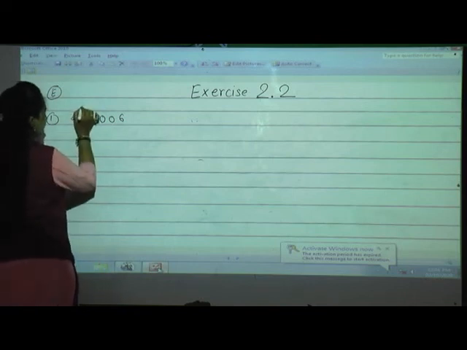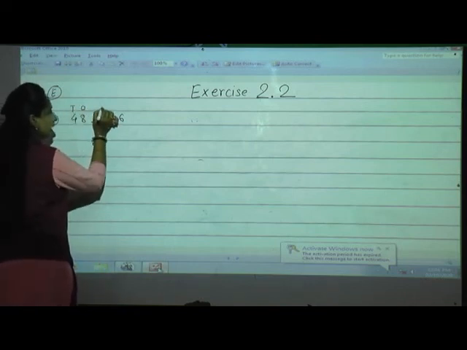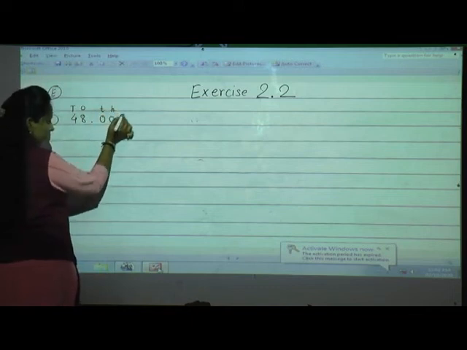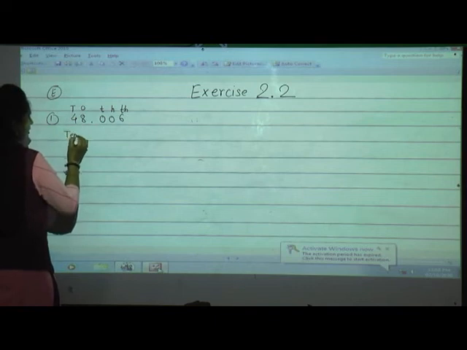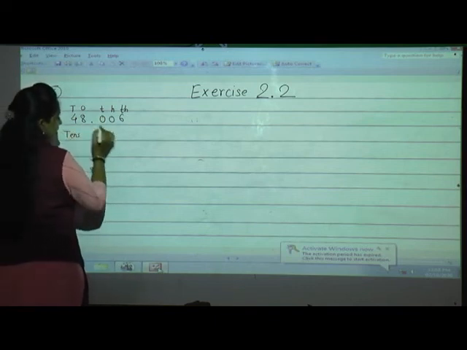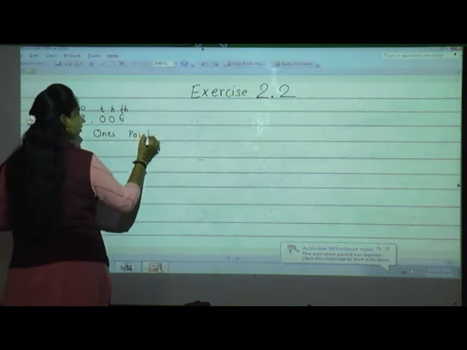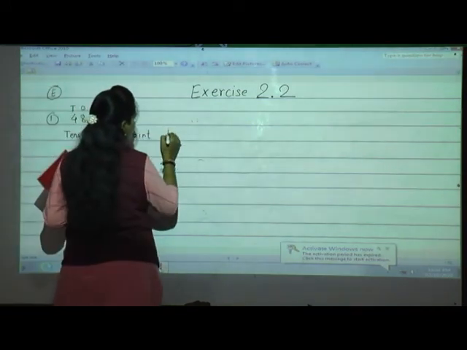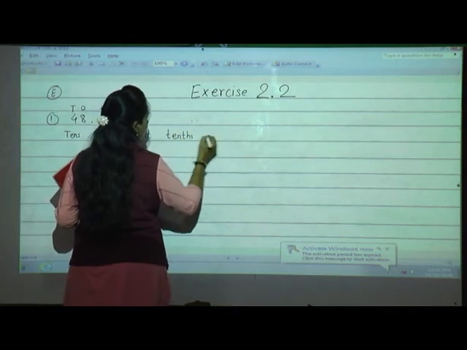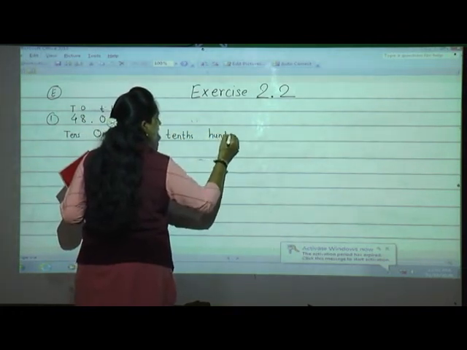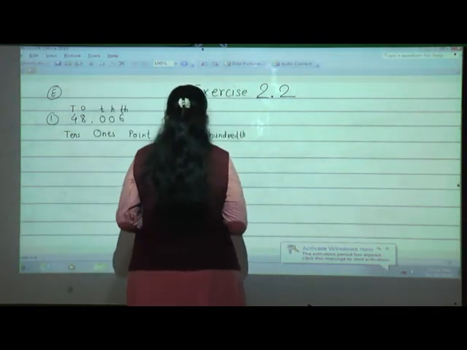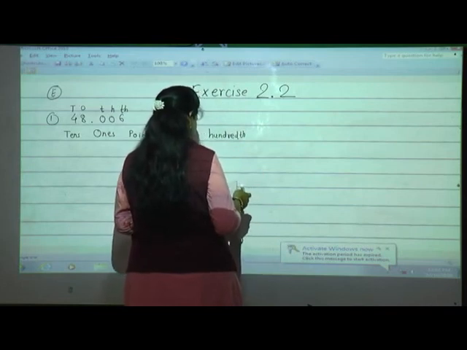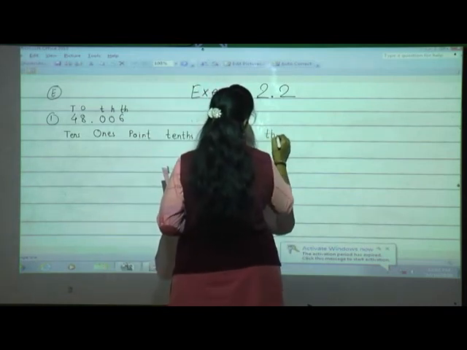Now see how you can write this number into the place value chart. First give the place value ones and tens. After the decimal point, this is tenths, hundredths and thousandths. So now you got, you can start from tens, ones, then point also you take, okay, then tenths, hundredths, then thousandths.